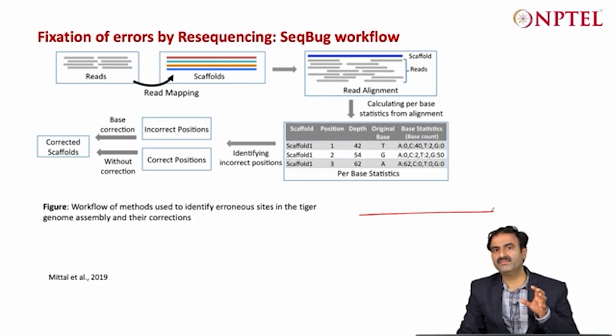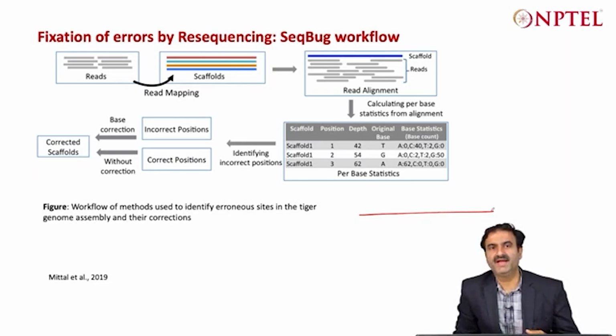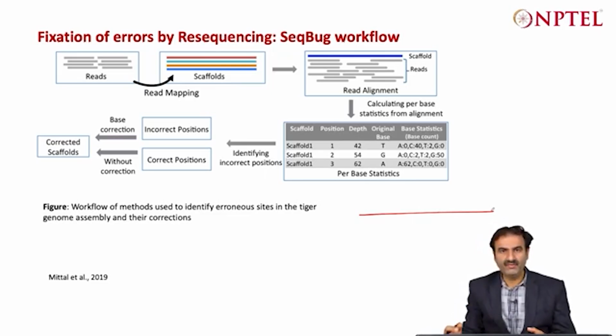That means there could be errors in the initial assembly. Some of these stop codons may be acceptable because they could be a result of evolution, but if you are finding too many, there could be reasons to believe there are errors. Looking at similar or closely related species, you can see that if they did not have this error, why is this species having it, and you may go for one round of correction of that using resequencing.